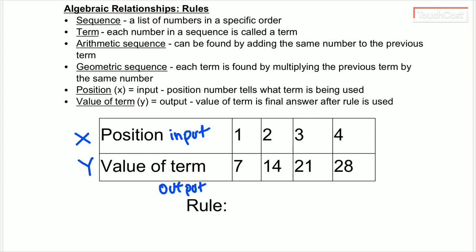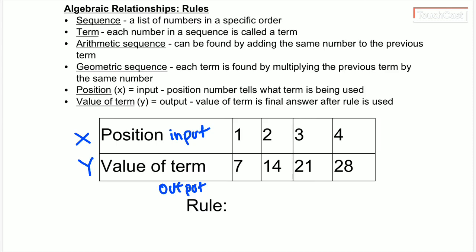So first we need to look at the position and find out what's happening to that position to get to the value of term underneath it. So we could be adding, we could be subtracting, we could be multiplying, we could be dividing. All of those operations could happen. We need to figure out which one is happening.